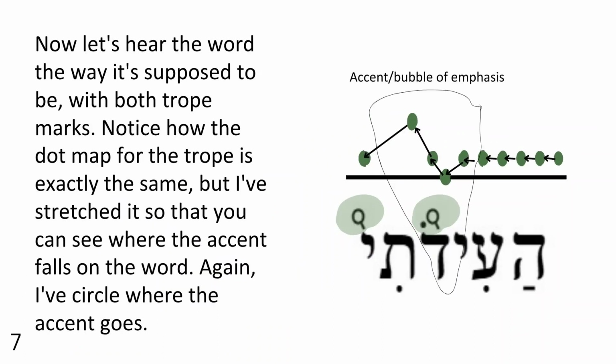Now, let's listen to the way it's supposed to be sung with both trope marks. Notice how the dot map for the trope is exactly the same, but I've stretched it so that you can see where the accent falls in the word. Again, pay attention to the arrows and where the dots go.